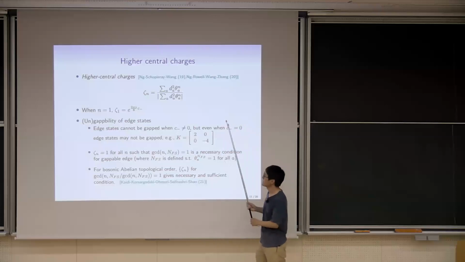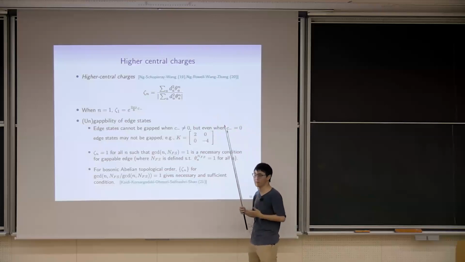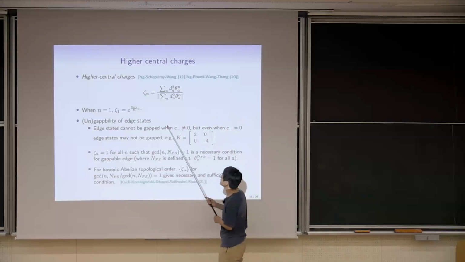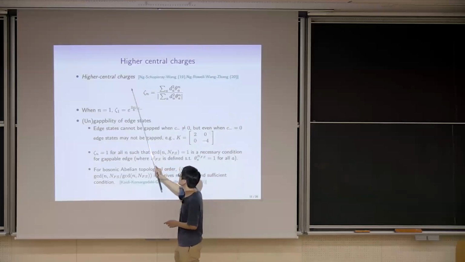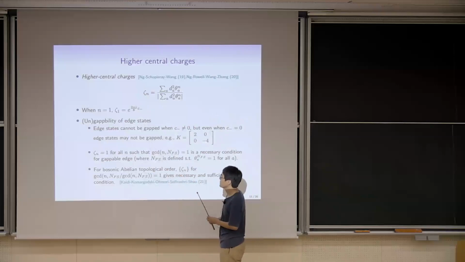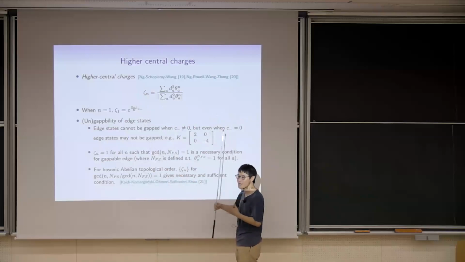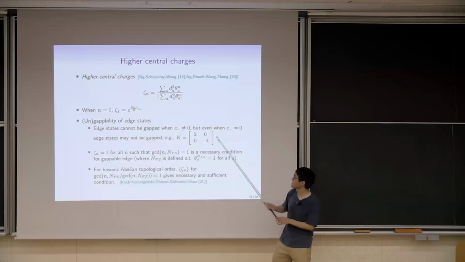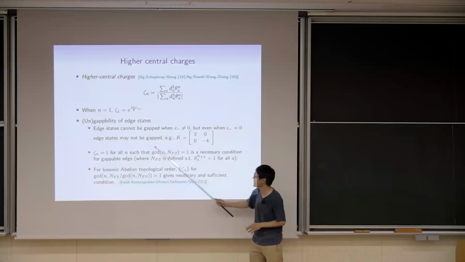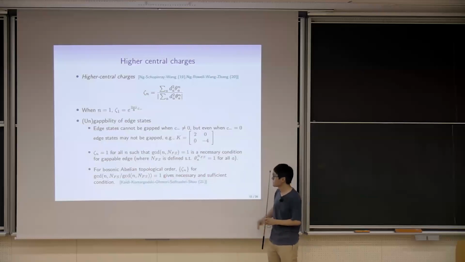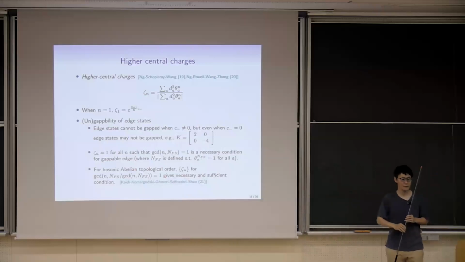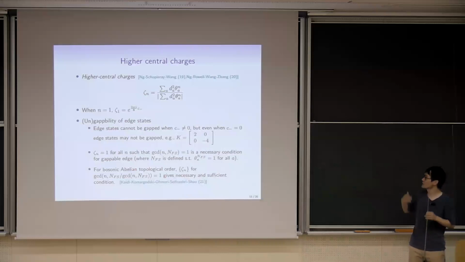So the question is, can we have a criterion for the gapability of the edge state? As it turns out, these higher central charges are useful in the sense that, at least for Abelian topological states, which only support Abelian anyons, using higher central charges you can write down a necessary and sufficient condition for the gapability of the edges. So that's the interesting application of this higher central charge.